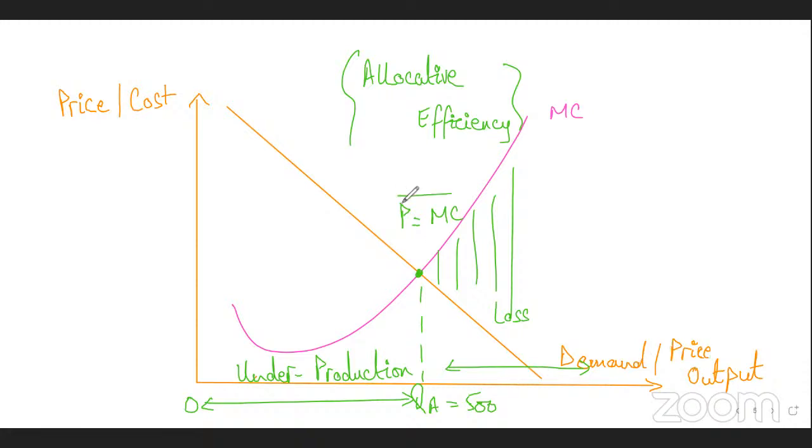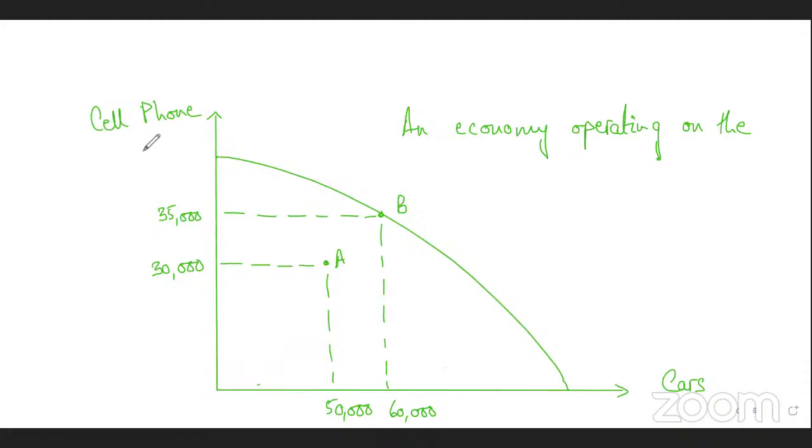So when price is equal to marginal cost, this is your allocative efficiency. And the second graph that we are now looking at for allocative efficiency is the production possibility curve, PPC. So when an economy is operating on its PPC, then it is allocatively efficient. Any point within the curve is not allocatively efficient. Any point on the curve is allocatively efficient.